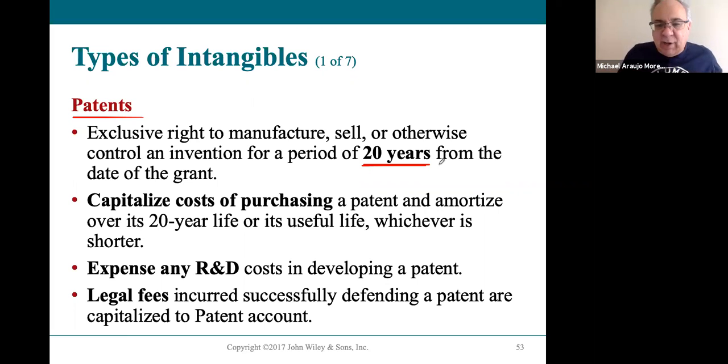The most common culprit of high prices, as you know, is if there's no competition in a field. And so when a drug company creates a vaccine like for COVID, or a pill that can cure something that couldn't be cured before, the patent gives them the exclusive right to manufacture it and sell it. So they're the only company who can manufacture and sell that vaccine or that drug for this period of 20 years.